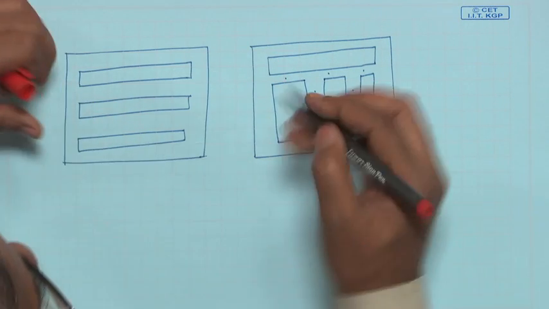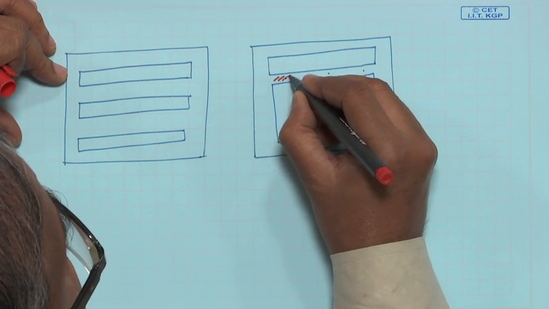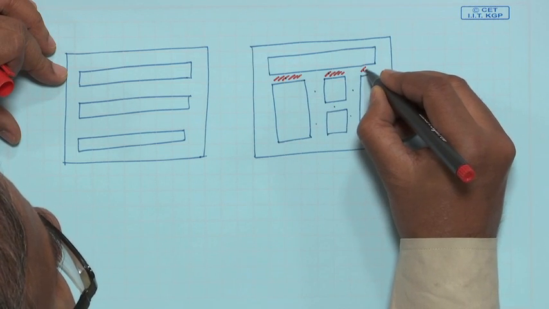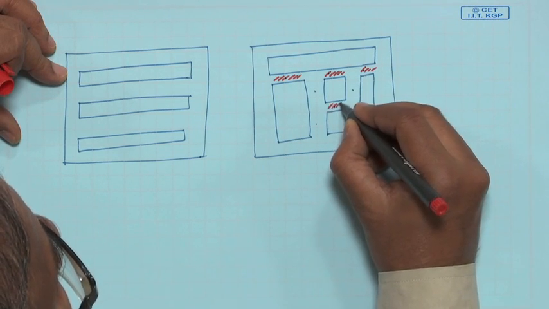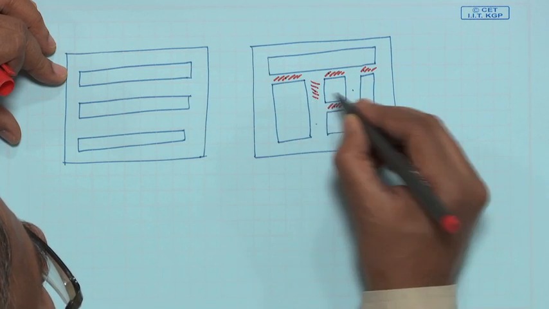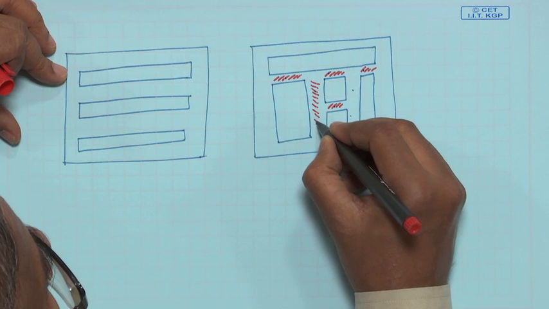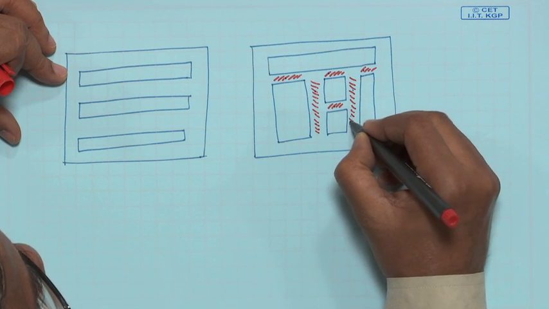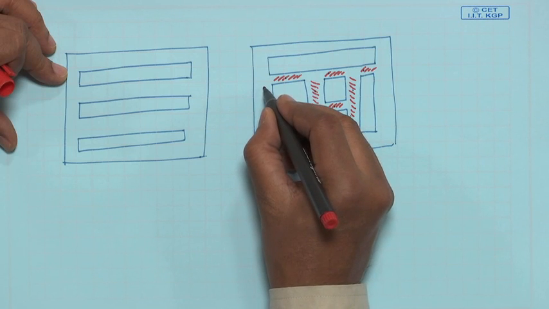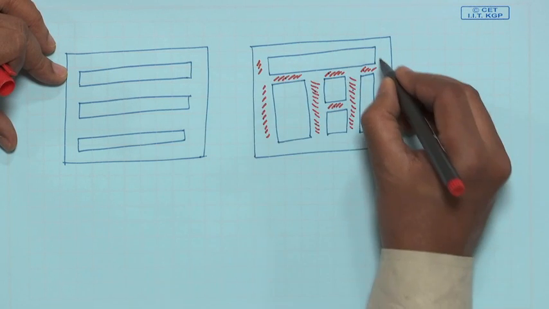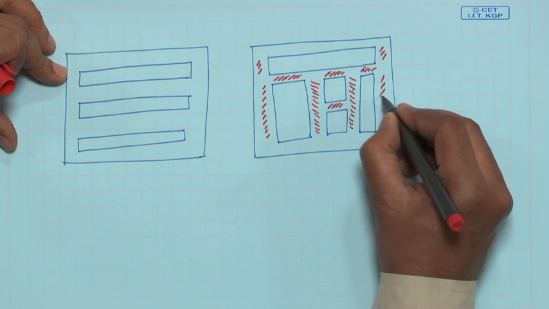Like here for example, I can have a channel here, I can have a channel here, a channel here, a channel here, a channel here. In fact, this whole thing can be considered a single channel, this whole can be considered a single channel, and so on. Similarly, these can be regarded as channels. These are all channels. Okay.